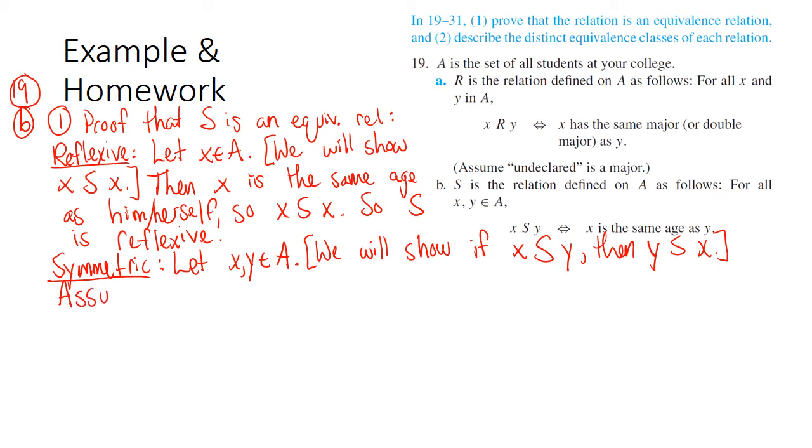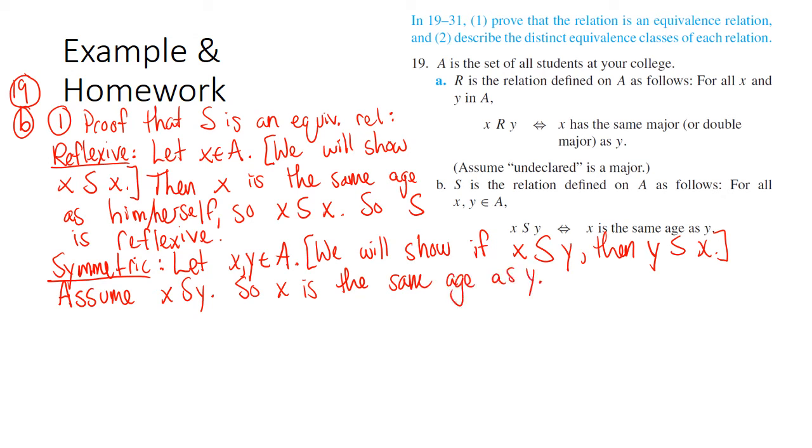Okay, so we're going to assume that x is related by S to y. All right, so what does that tell us? What do we get for that assumption? Well, the definition of this S relation is that x is the same age as y.